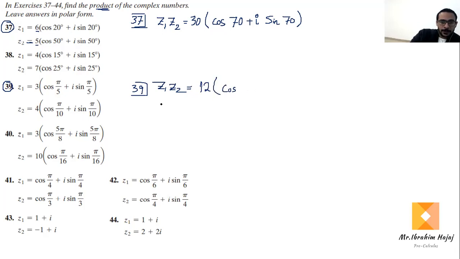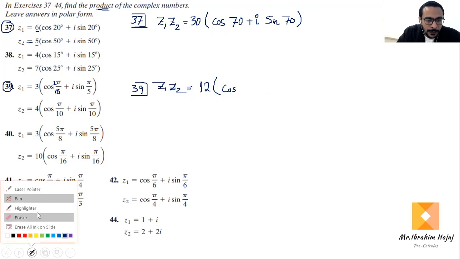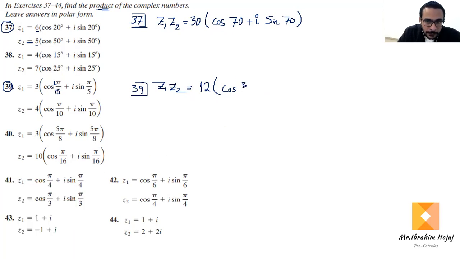Cosine, add pi over 5 and pi over 10. It's 2 pi over 10 plus pi over 10, which gives 3 pi over 10.